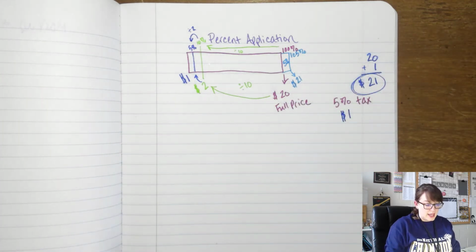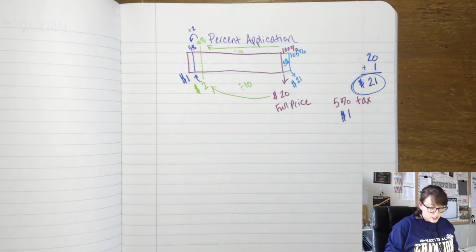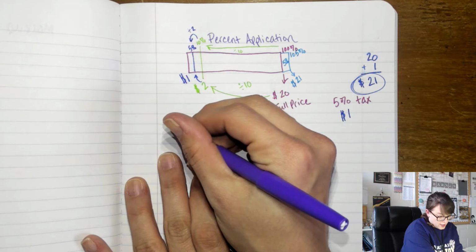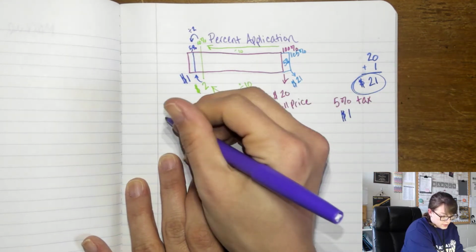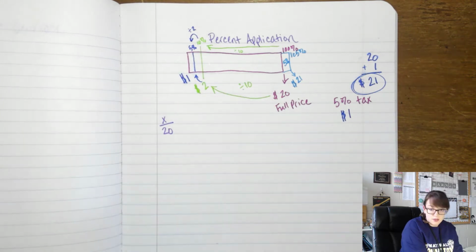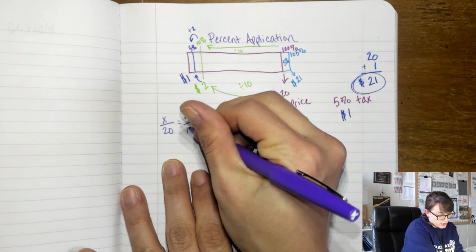Okay? Another way to look at it is a proportion. So if you do proportionality, you have part over the total price, part over whole, equals 5% over 100.